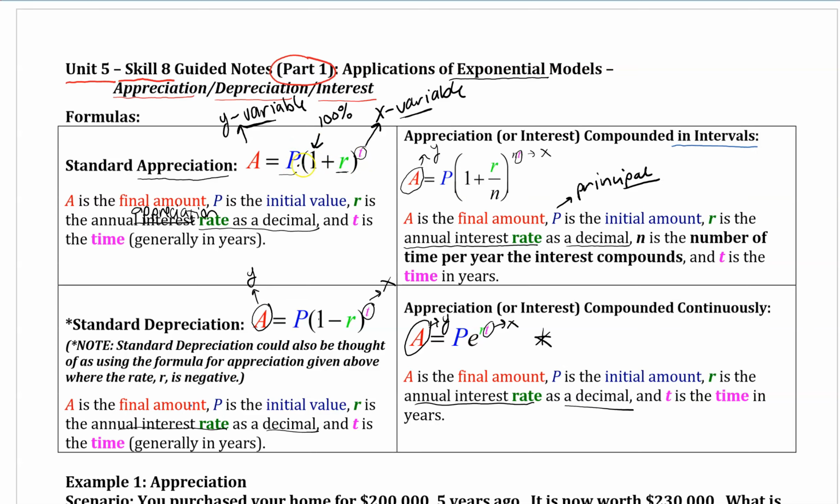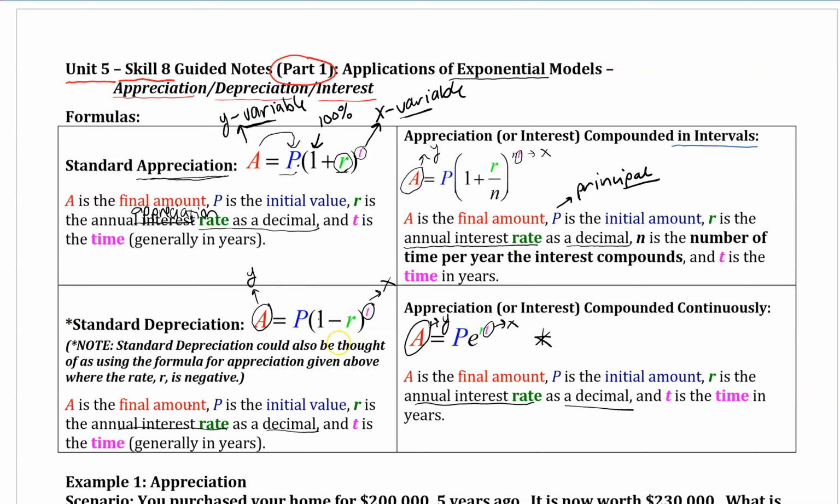When you multiply that all together, that tells you how much you would end up with, which is obviously going to be more than 100% of P. So A will be more than P. The final value will be more than the initial value, because the value has appreciated: we have added a certain percent to 100%, causing the result to be greater than 100%. And we've done that for however many years, and so the value just goes up and up and up. Okay, that's appreciation.